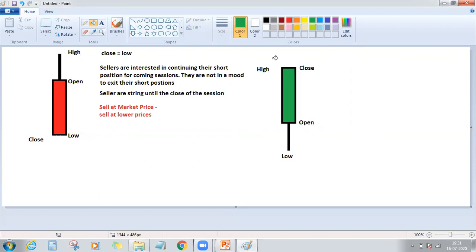So this candlestick can appear in the intraday time frame or in a higher time frame as well, but you should look at it in this manner. Bulls are so strong until the end of the time frame, and they are in a mood to continue the rally.